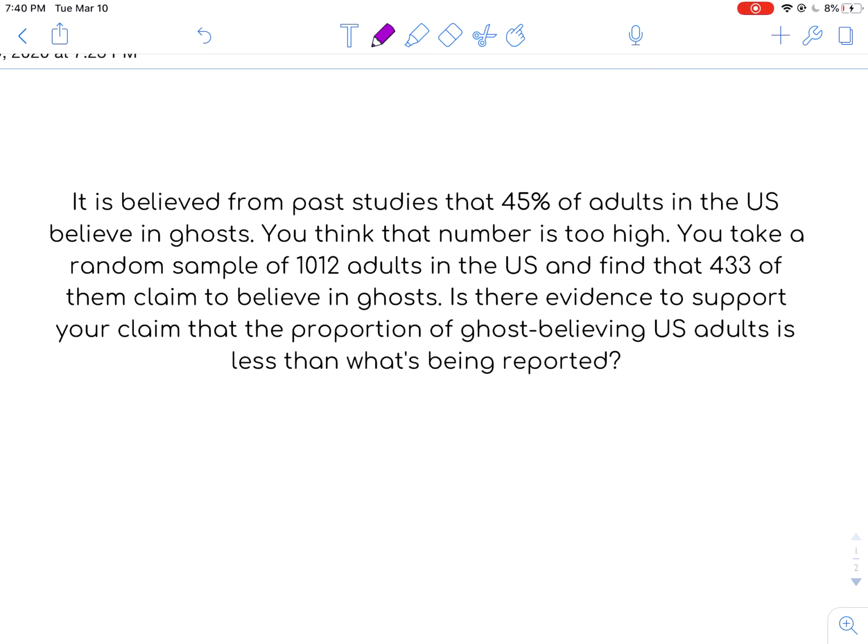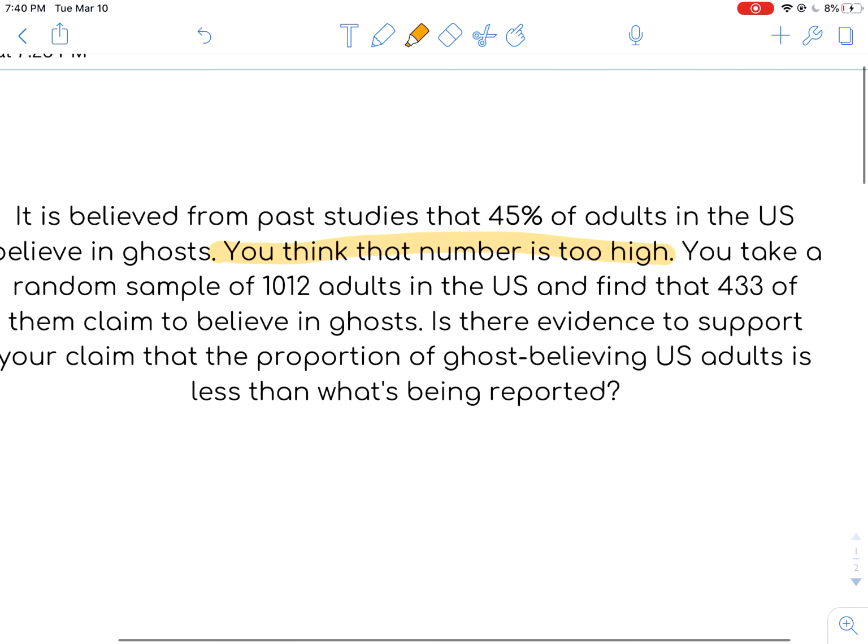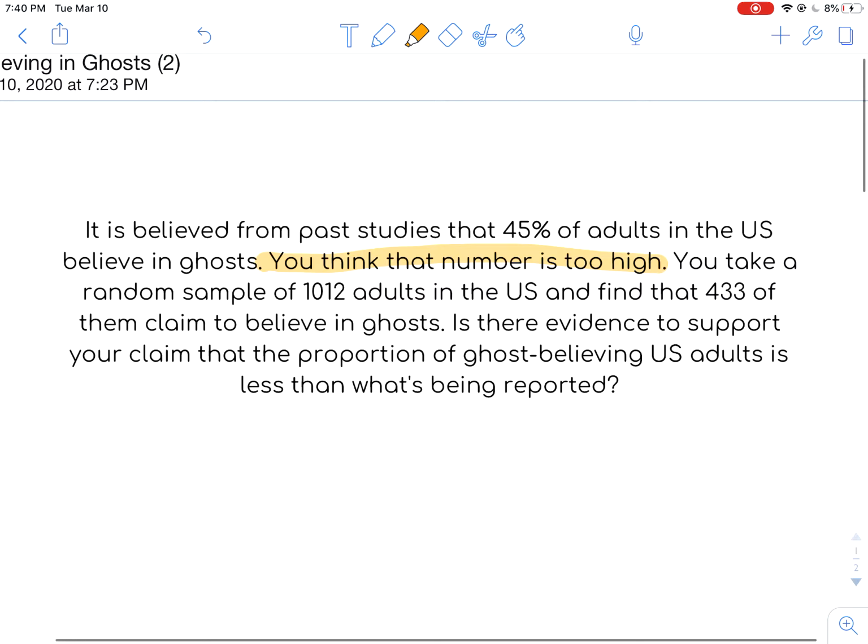In this case, if you read the problem, it's believed from past studies that 45% of adults in the U.S. believe in ghosts. You think that number is too high. So you have a parameter that you assume, but then you're going to try and prove otherwise. Maybe you're trying to prove it's more, it's less, or maybe that it's just not the parameter they assume. Like maybe I want to prove that it's not 45%. Either case, that's a hypothesis test.